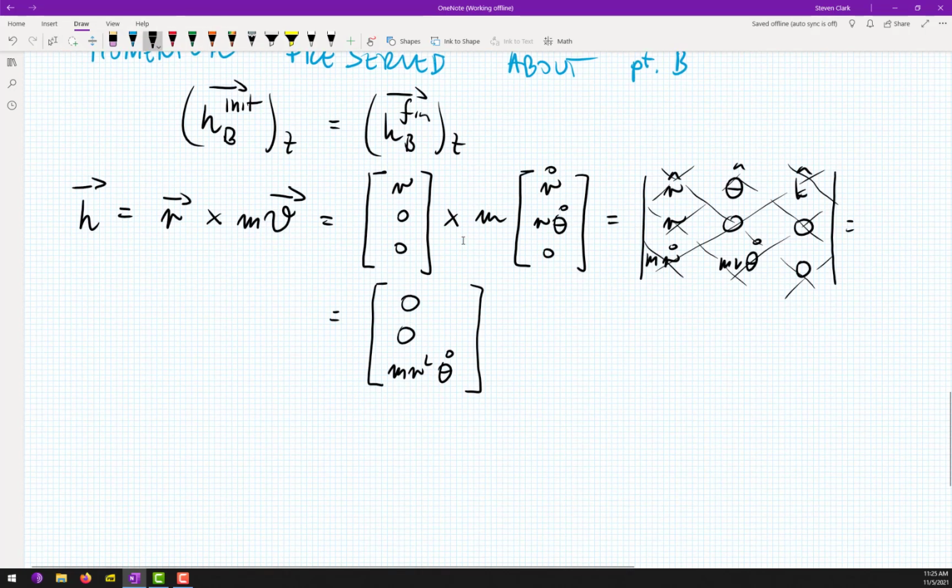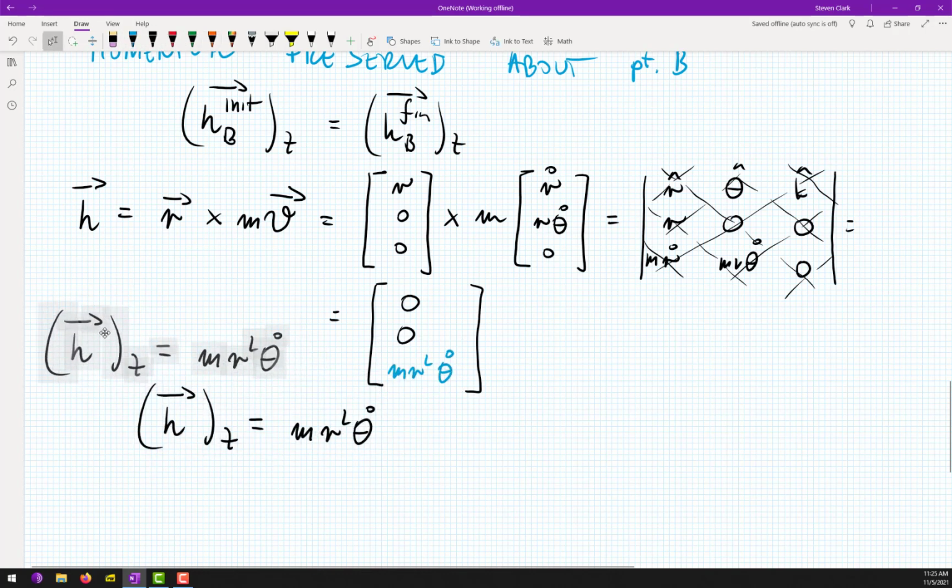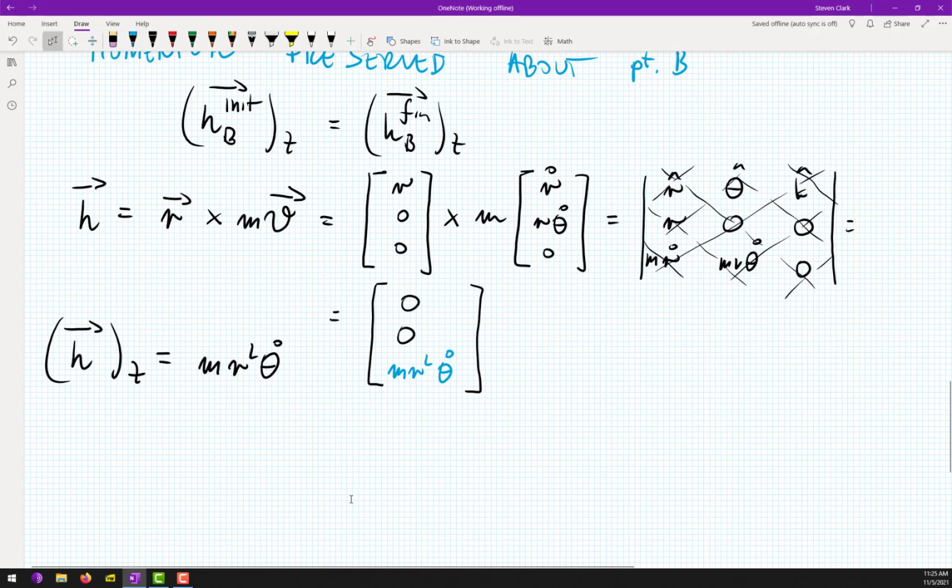But we care only about the Z component. So H of Z is equal to m r squared theta dot. Now I'm just going to plug this in here and let's see what will happen.